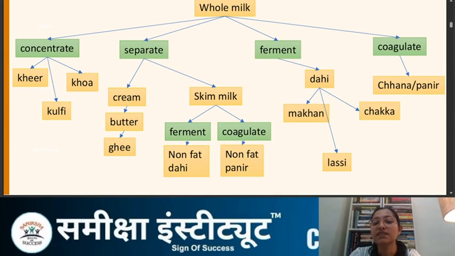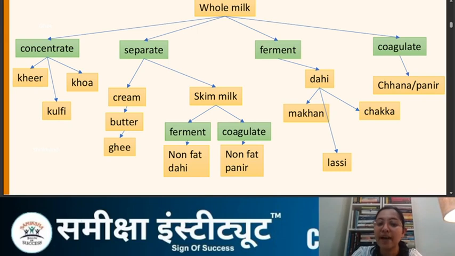But here, since we are operating on the skim milk and not on whole milk, the dahi that will be produced from the fermentation process will be non-fat dahi, whereas in the case of coagulation, what we'll produce is non-fat paneer and not whole milk paneer. So non-fat paneer and non-fat dahi. Before separation, we separated the fat portion.